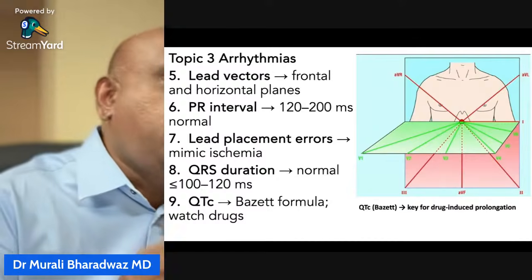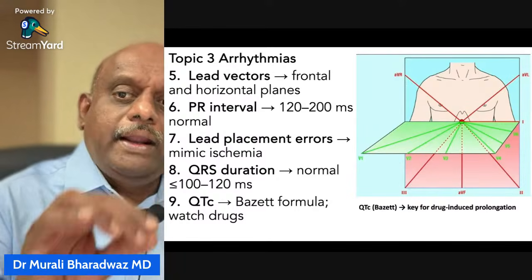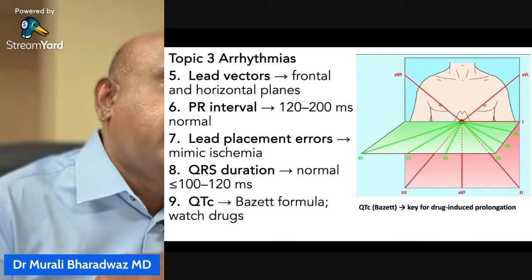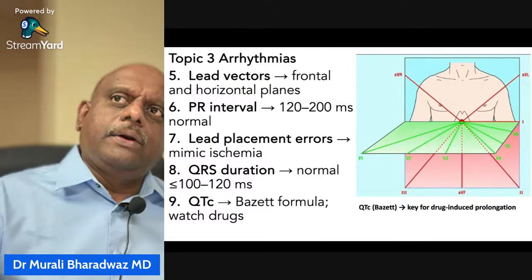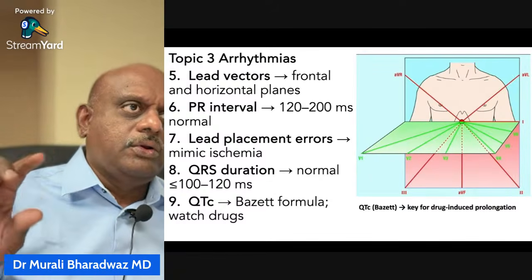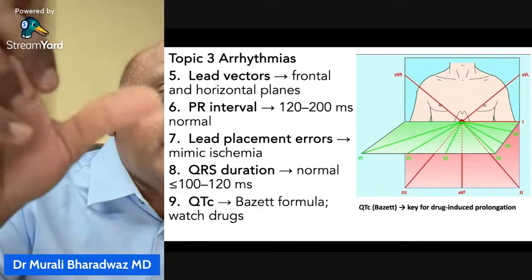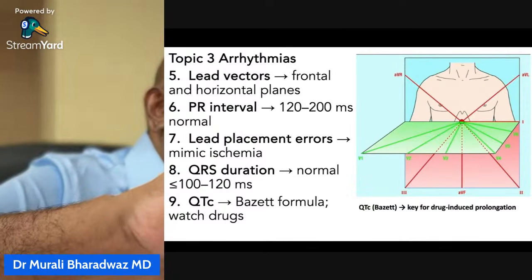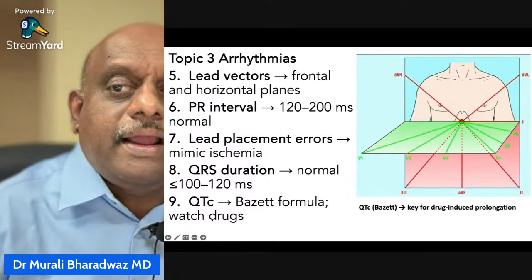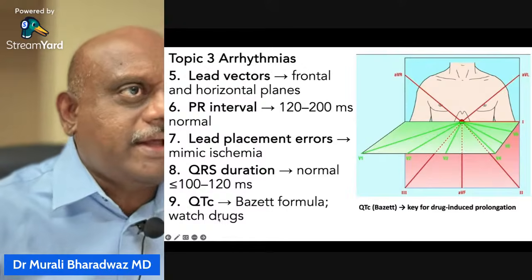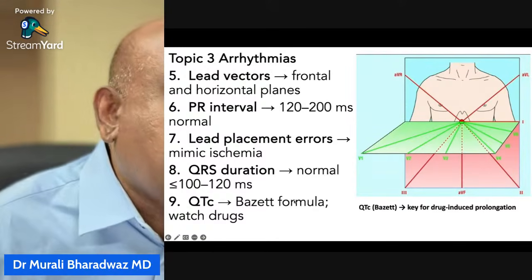Now, if you look at the QT interval, it is normalized to the heart rate. The heart rate will decide the QT. That's the reason we correct the QT interval based on the heart rate. And what is that formula called?